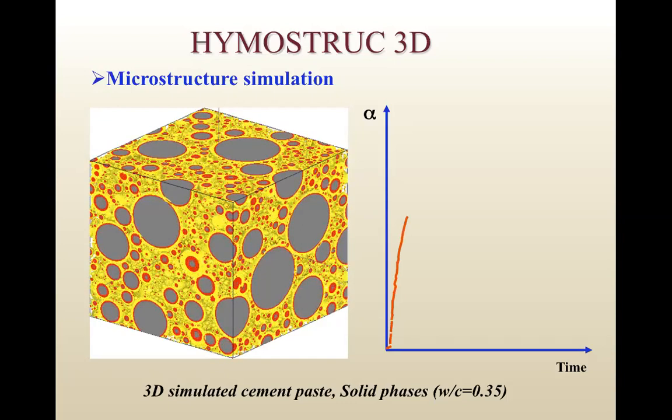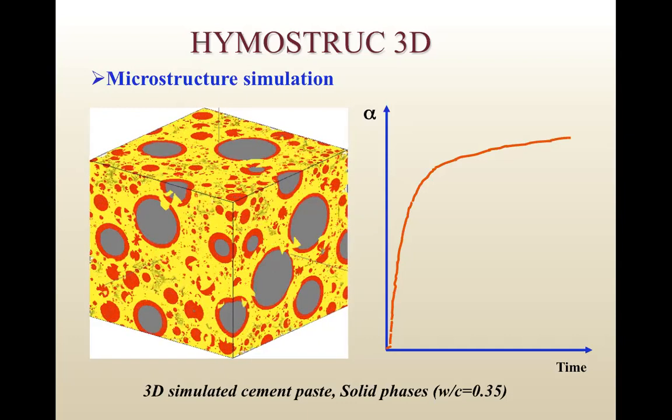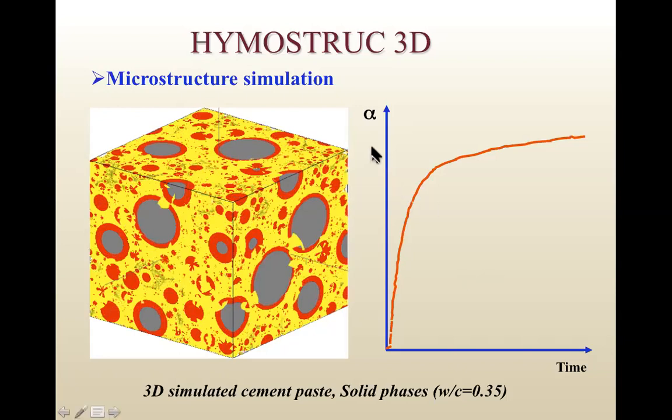You can Google it and play with the model. You can input information such as the water cement ratio, how many days you want this simulation to run, or even some other advanced parameters such as how much pozzolan you put in your system. Alpha is the degree of hydration, or the percentage of cement hydrated.